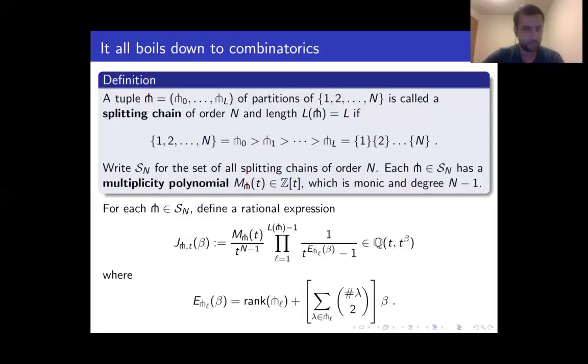Okay. Now using that, I'm going to attach to each splitting chain a rational expression in t and t to the beta. So just think of these as formal variables for now. And this expression here is rational in both of them. Note that this E sub pitchfork L is something we actually saw before.